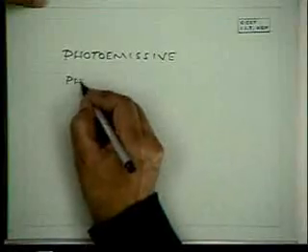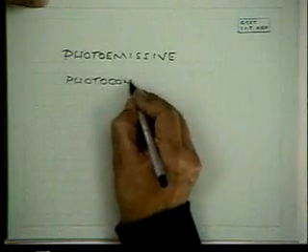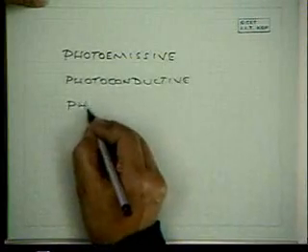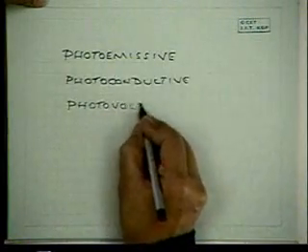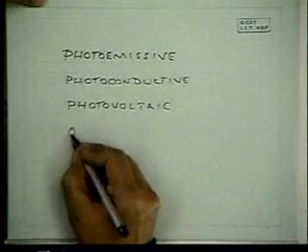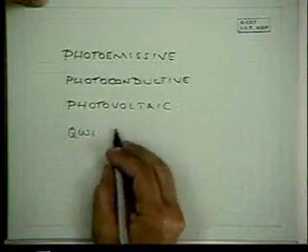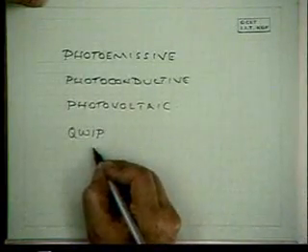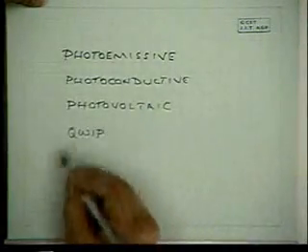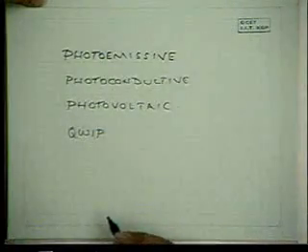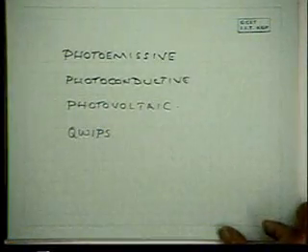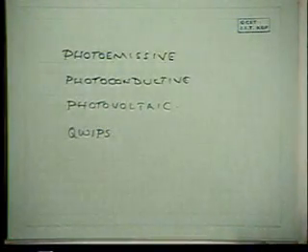We have photoconductive, photovoltaic of various varieties, and one can say that the new generation depends upon quantum wells, QWIPs, which also depend upon phenomena like photoemission and photoconduction, but they have a slightly special principle of operation. So we'll take up these devices one after the other.